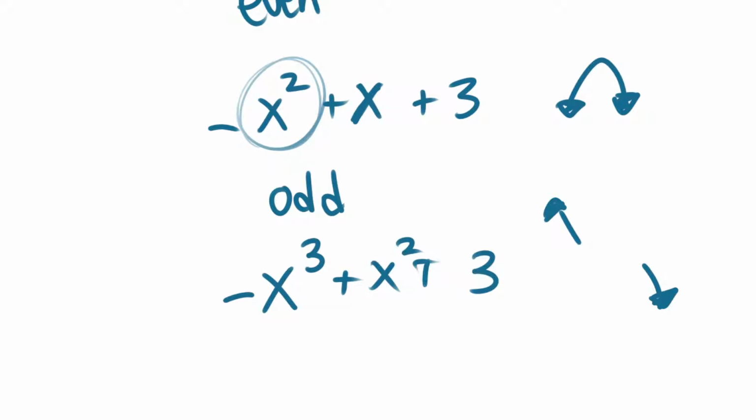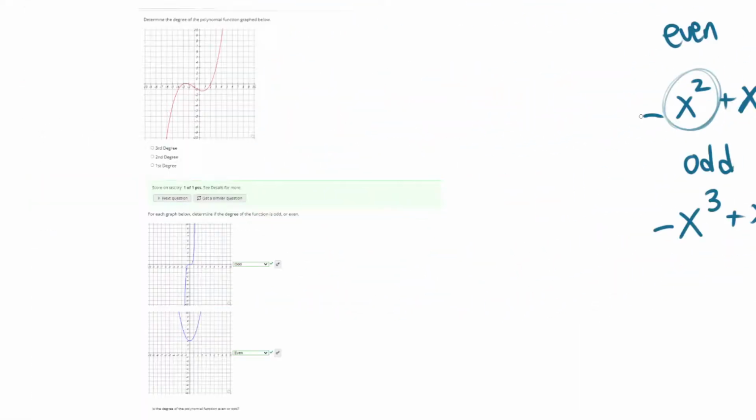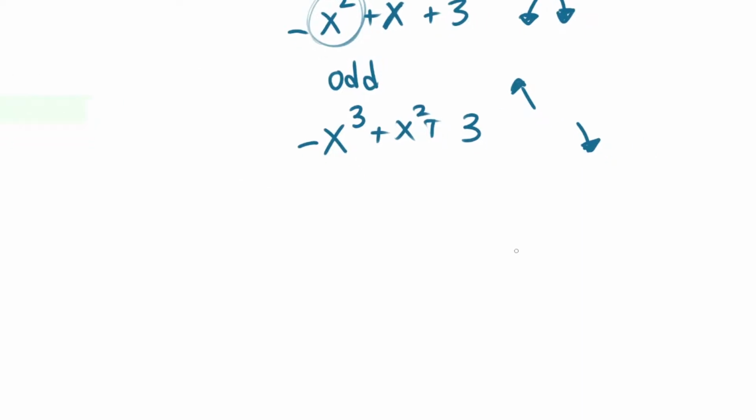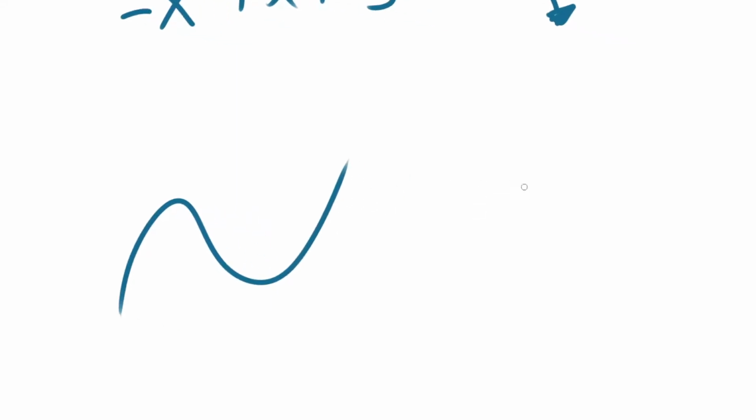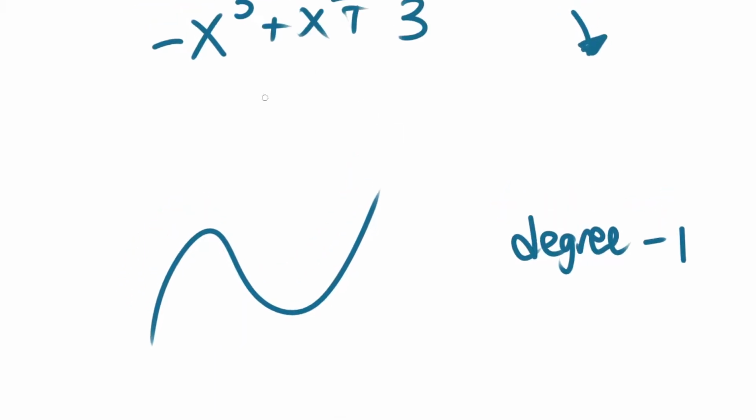Now, that covers even and odd. And then another thing, when we're talking about functions, it can have as many turning points as the degree of our polynomial minus 1. So degree minus 1. So for instance, this one can have up to 2 turning points, and so it'll look like this.